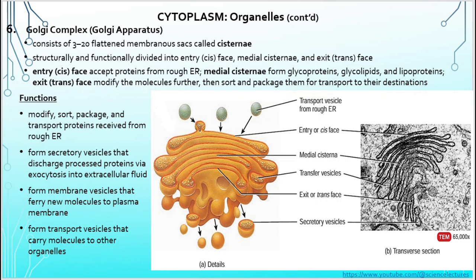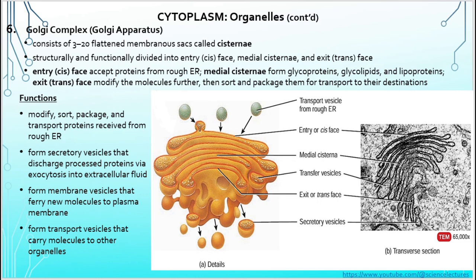The cisternae are often curved, and this gives the Golgi complex a cup-like structure. Although most cells have several Golgi complexes, these complexes are more extensive in cells that secrete proteins, and this is an important clue to the organelle's role in the cell.